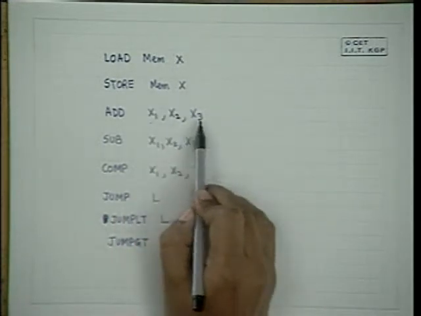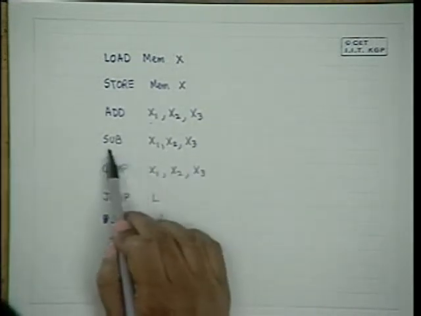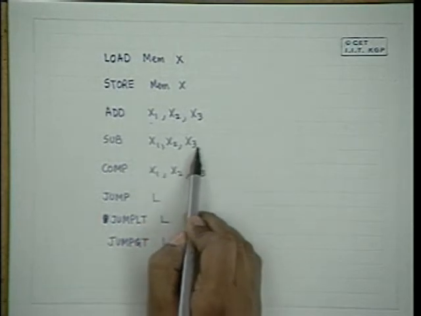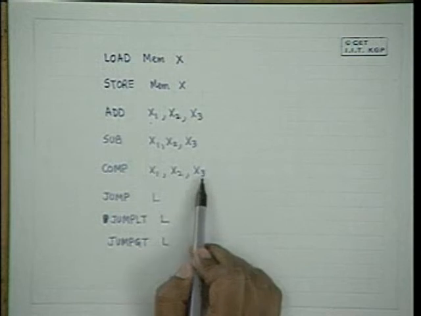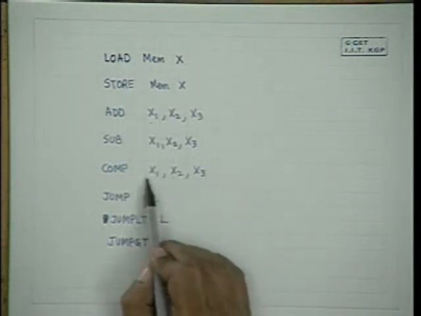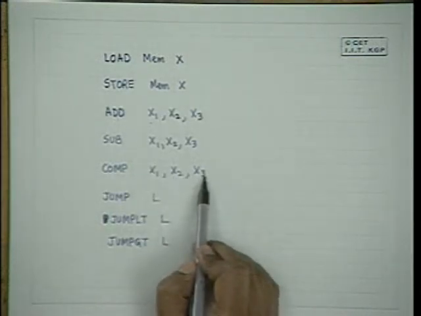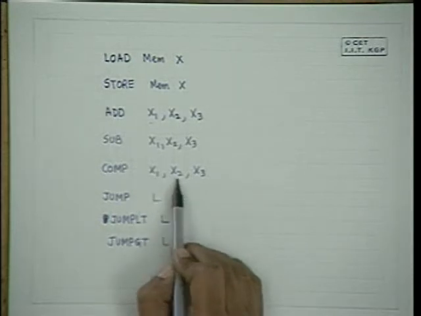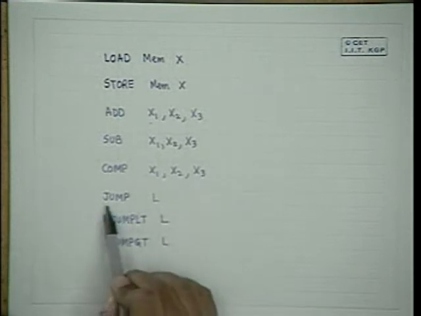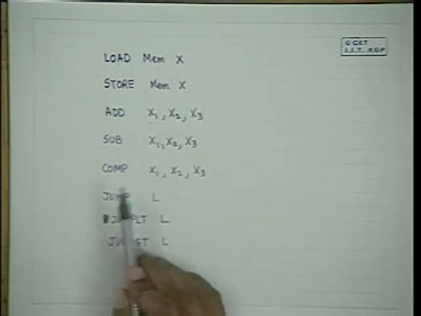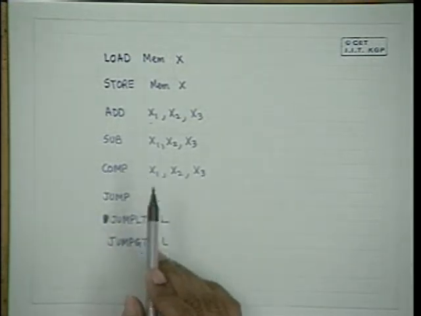Add x1, x2 and put it into x3; subtract x1 and x2 and put the result in x3; compare x1 and x2 and put the result in x3. This says that if it is minus 1, x1 is less than x2. If it is 0, x1 is equal to x2, and if it is plus 1, then x1 is greater than x2. Jump L, it will jump to the instruction label L.